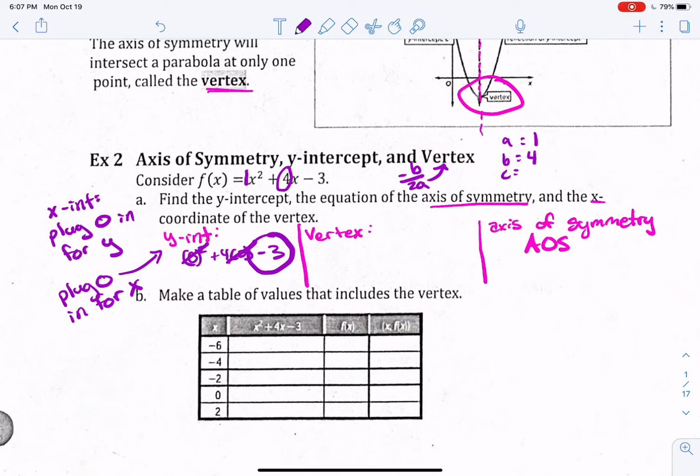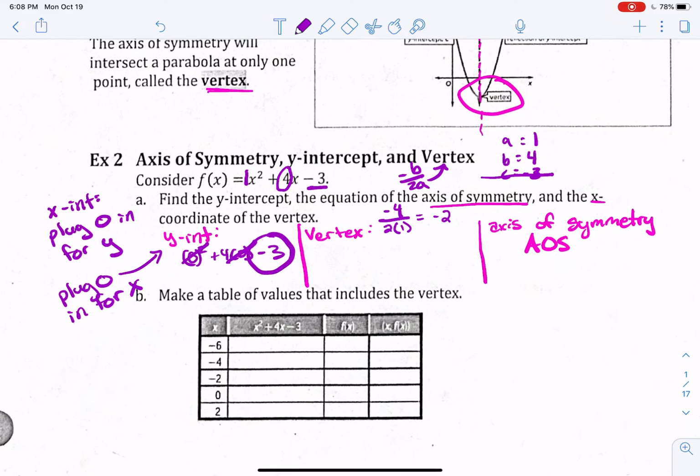And c is this last number, which is a negative 3. Make sure that the negative goes with it. For the negative b over 2a, we don't need the c value, but it's good to write that out just because. All right, so negative b is negative 4, over 2 times a, which is 1. So this is negative 4 divided by 2, or just negative 2.